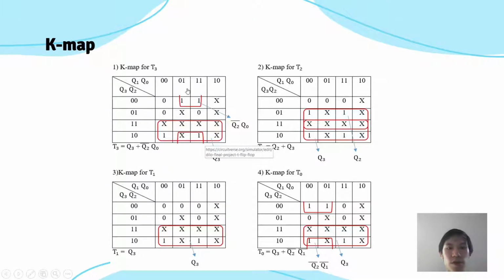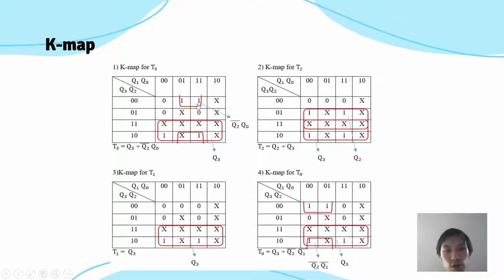So after we have drawn the K-map, for example for T3, we need to group the ones in the K-map. We need to group them as the largest groups we can, and we need to group all the ones. So for this group, only Q3 doesn't change, so for this group we have Q3.